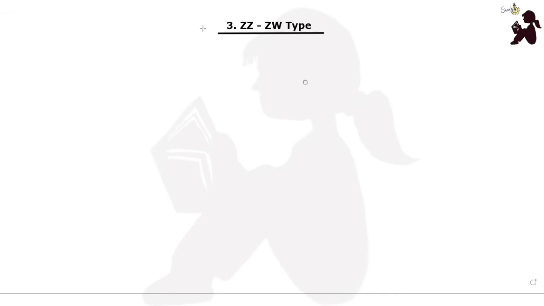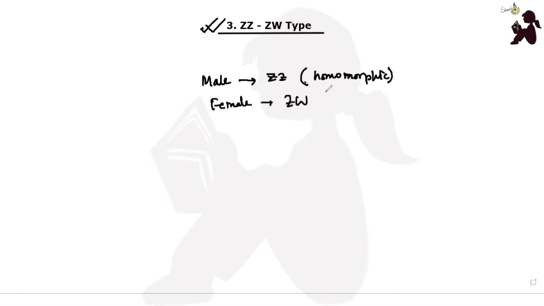Then we will discuss the ZZ and ZW type, where the male individual is denoted as ZZ, or homomorphic. Okay, and the female individual is denoted as ZW, or heteromorphic, which is exactly opposite of the XX-XY type, because in the XX-XY type, the male individual was heteromorphic and the female individuals were homomorphic.